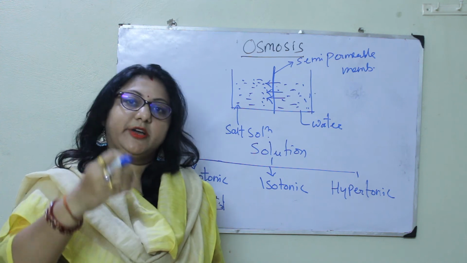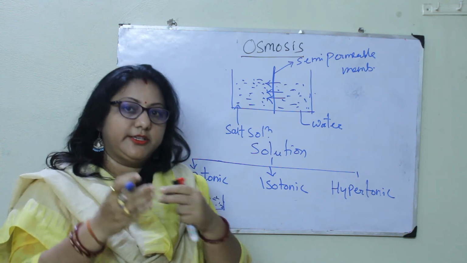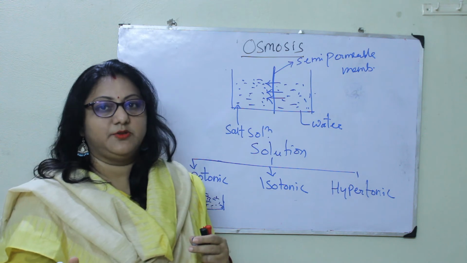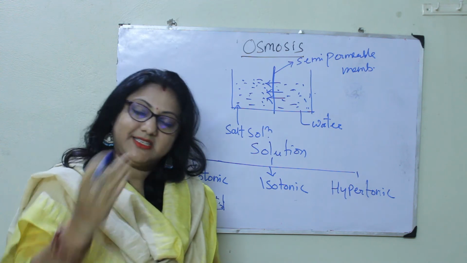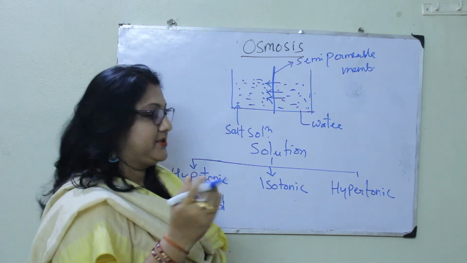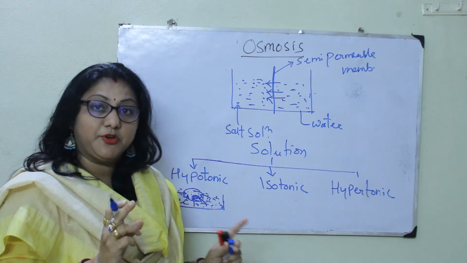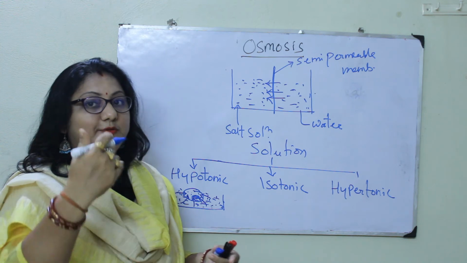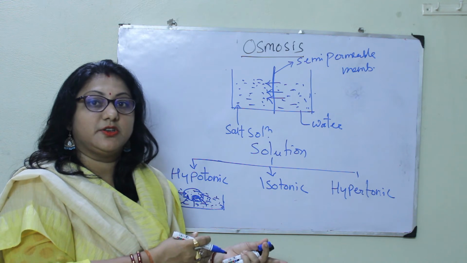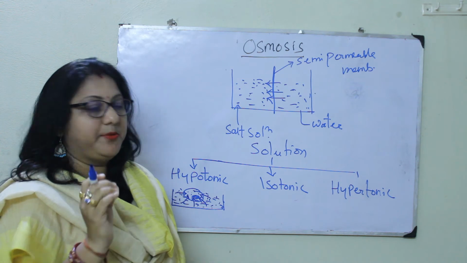You can use salt solution, you can use a similar concentration isotonic solution, a very mild solution and a very thick salt solution, and you can observe the different types of changes that happen with the dry grapes. Clear? Okay, so this type of solution we call hypotonic, when the water concentration of the solution is higher than the concentration of water in the cytoplasm. Such solutions are called hypotonic.